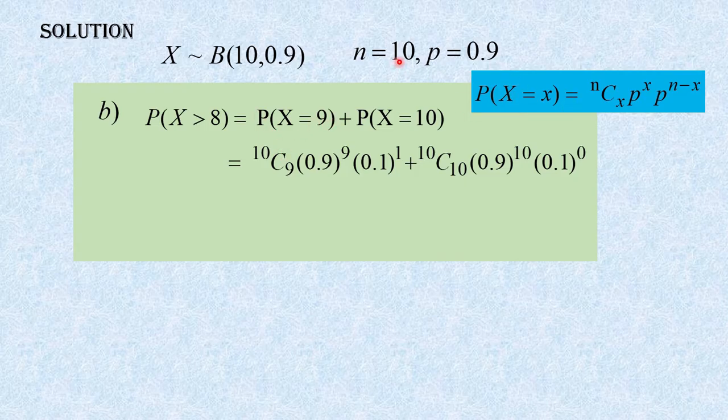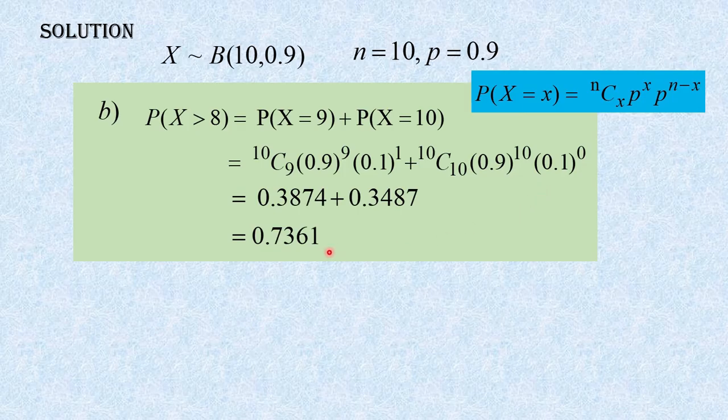The values for n and p are still the same. Therefore, we get 10C9, 0.9 to the power of 9, 0.1 to the power of 1, plus 10C10, 0.9 to the power of 10, 0.1 to the power of 0. Simplify, you will get 0.7361. Okay, now we continue C.